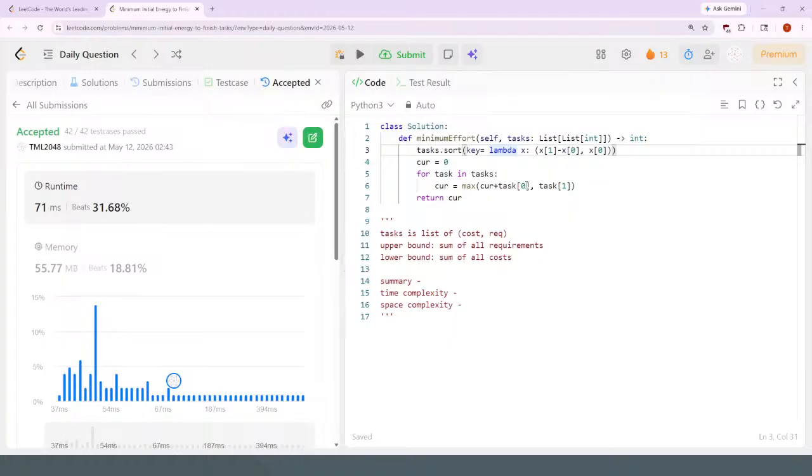Maybe it's the minimum delta. Is it the minimum delta? Do I actually need to start off with, could I have started off with any?